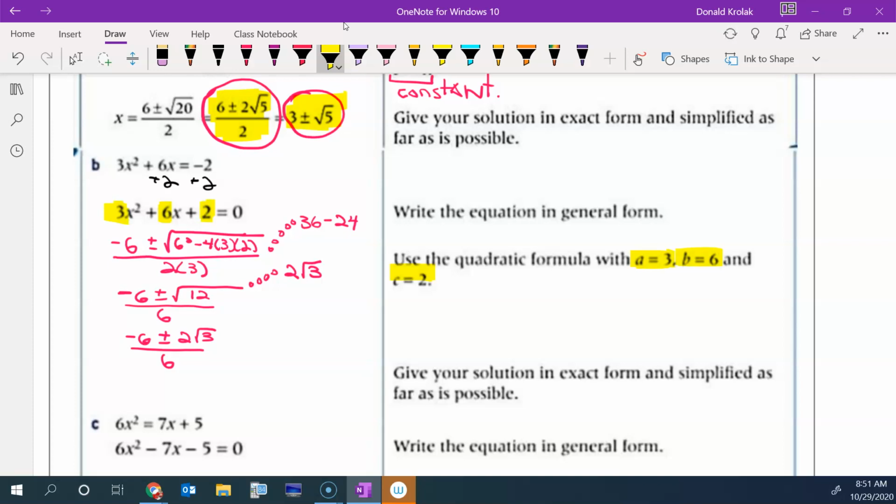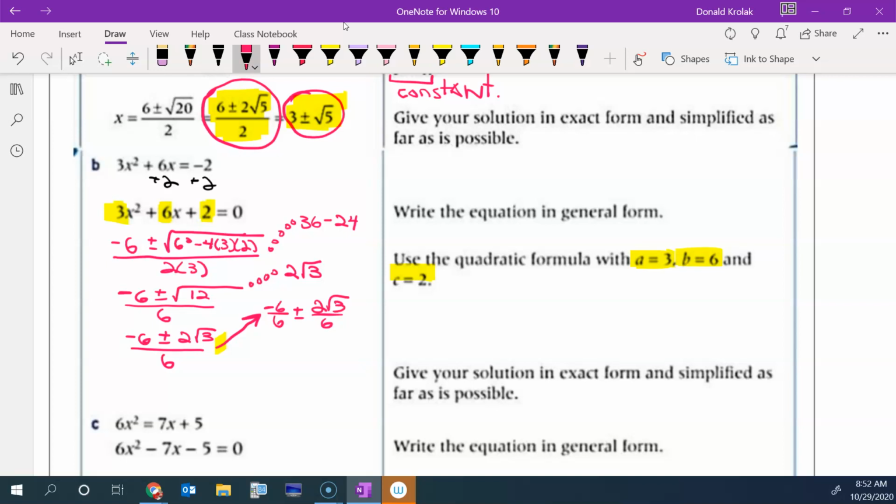There's two ways. One way is to break it up into two separate fractions. You can write this as negative 6 over 6 plus or minus 2 root 3 over 6.